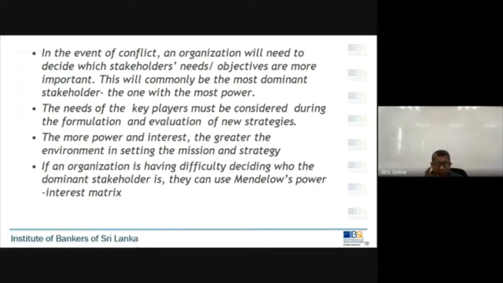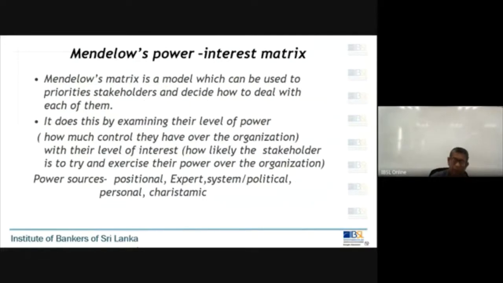In order to identify the different types of stakeholders, we have another technique called the power interest matrix, which was developed by Mendelow. So we call it Mendelow's power interest matrix.